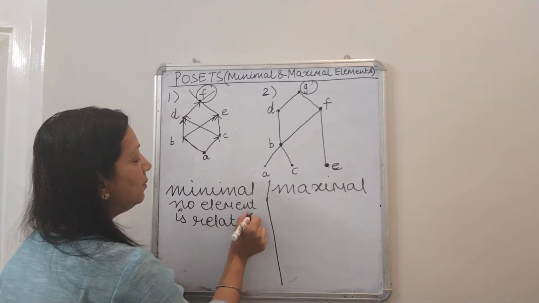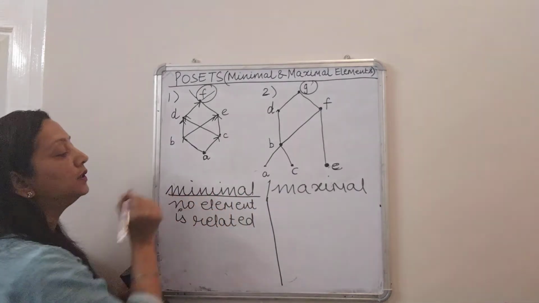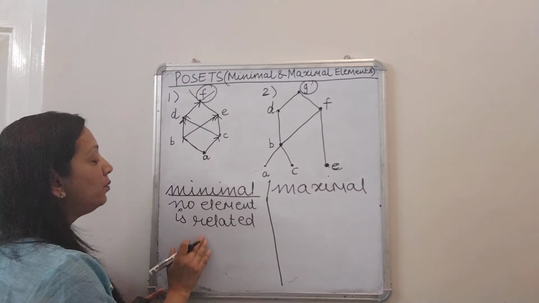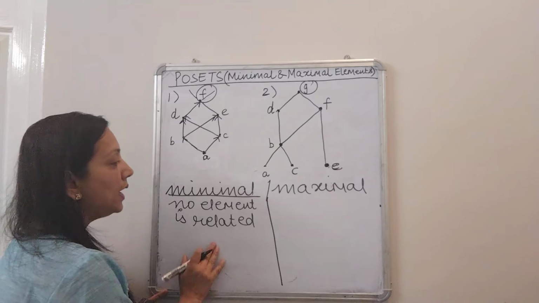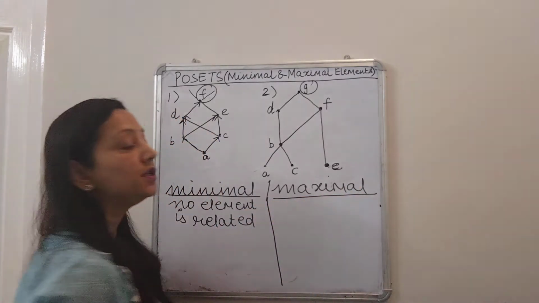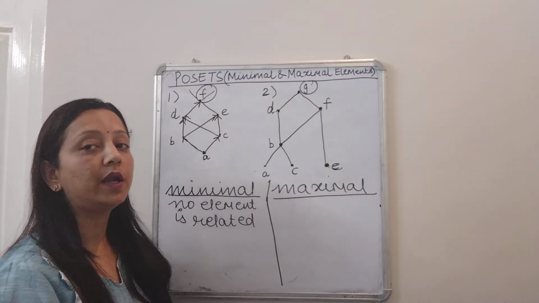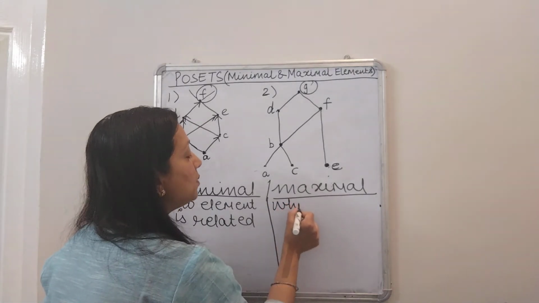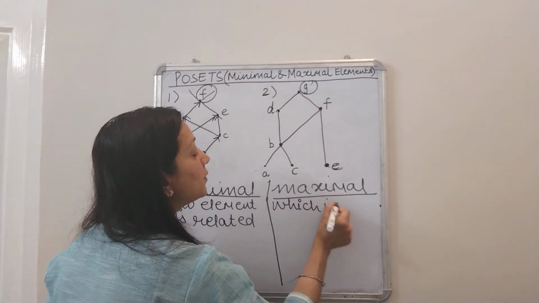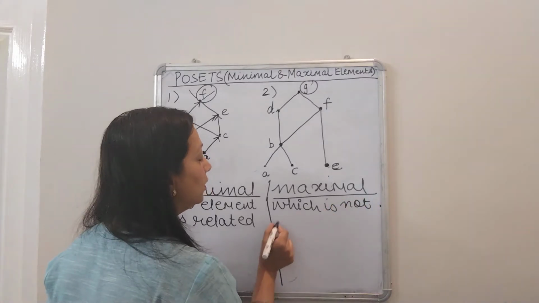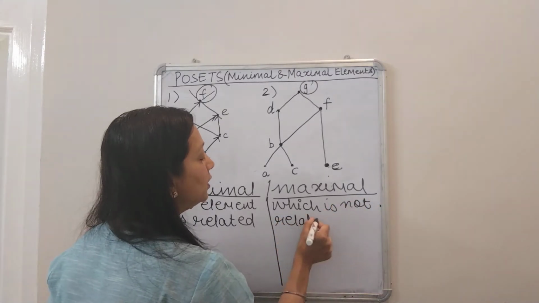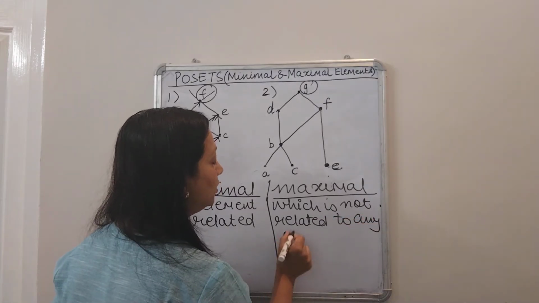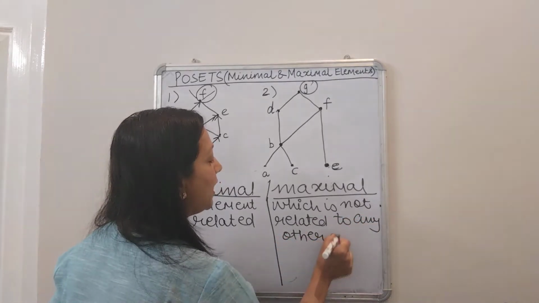So any such element to which no other element in the poset is related would be called a minimal element. And a maximal element is that element which is not related to any other element in the poset.